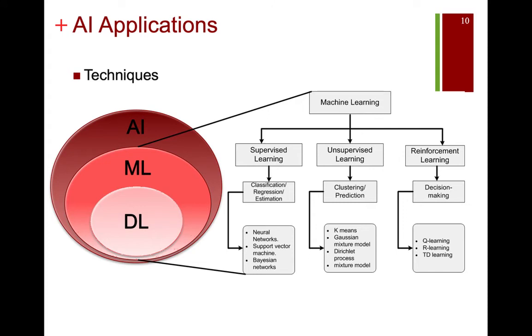In general, machine learning includes different categories of learning algorithms. It includes supervised learning, unsupervised learning, and also reinforcement learning. Supervised learning refers to the learning algorithms that try to learn a mapping from your input variables to an output.